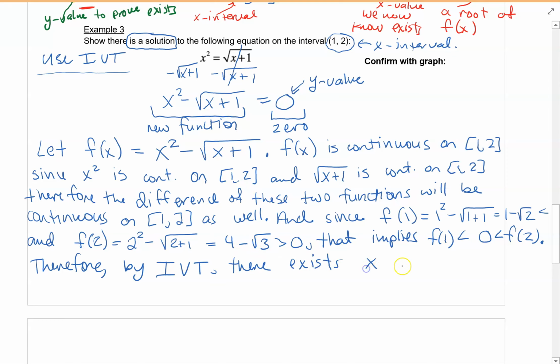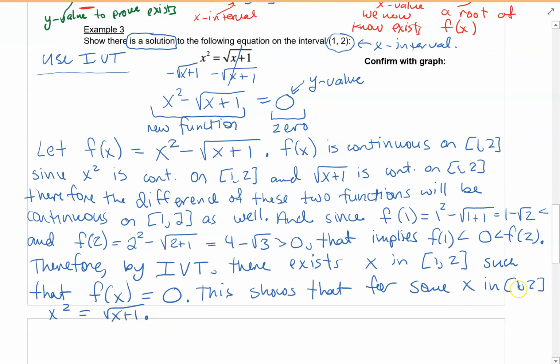There exists an x on the interval from 1 to 2 such that f of x equals 0. Because IVT, that's what it states. It says if you can find a y value in between the two ending y values, then you're guaranteed an x that if you plug it into the function will equal that y value. That's what IVT guarantees, so that's why you can state it here.